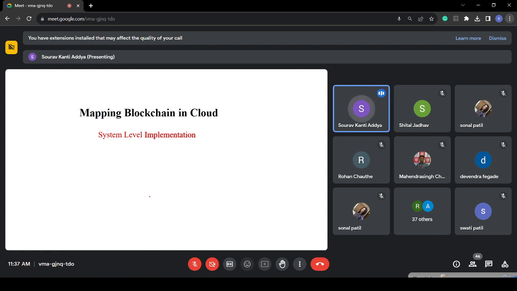For the next half an hour, we will talk about this concept of cloud: what crisis or challenges we have, and what the requirement is to implement blockchain in the cloud. Why is it required? I am not forcefully implementing this in the cloud; there is a specific requirement. So we need to see that in the next half an hour.